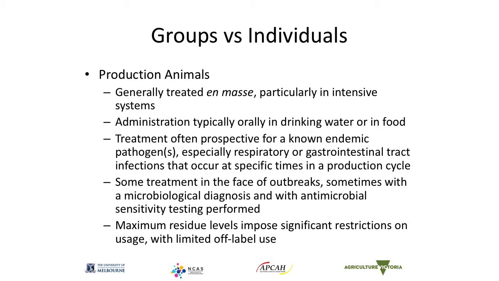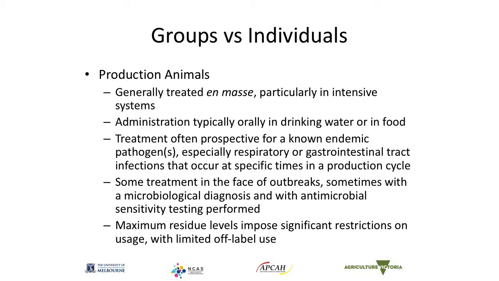The treatment is often prospective for a known endemic pathogen, especially respiratory or gastrointestinal tract infections that occur at particular times in the production cycle. We do some treatment in the face of outbreaks, sometimes when we have a microbiological diagnosis and when we have some antimicrobial susceptibility testing having been performed.